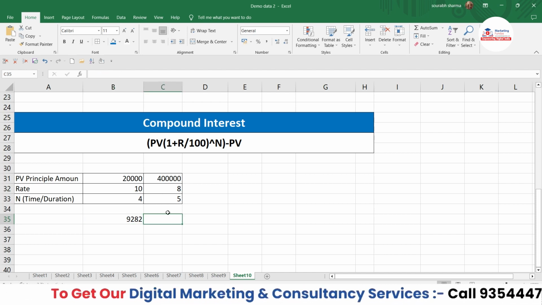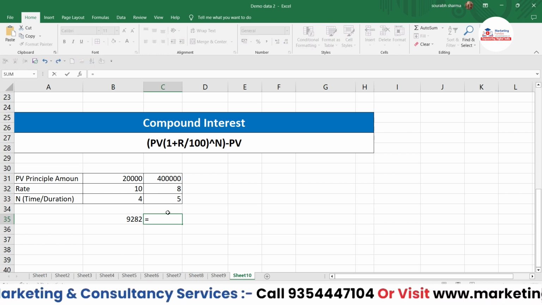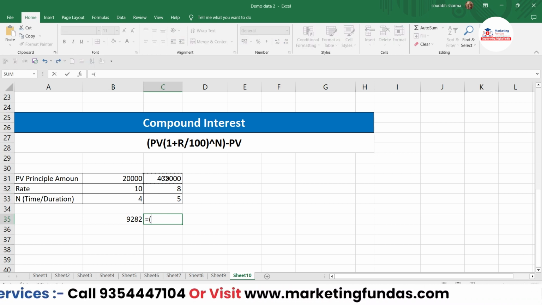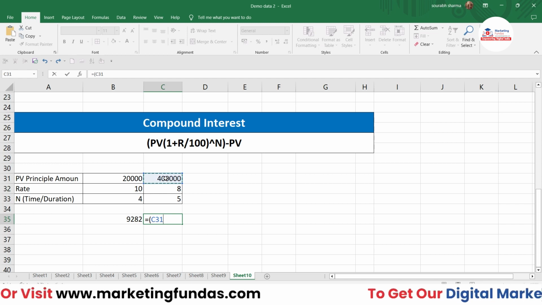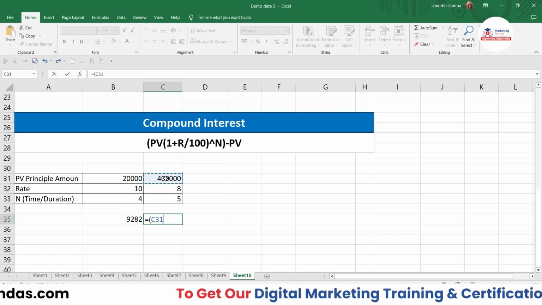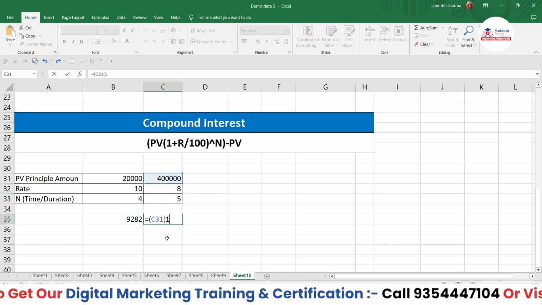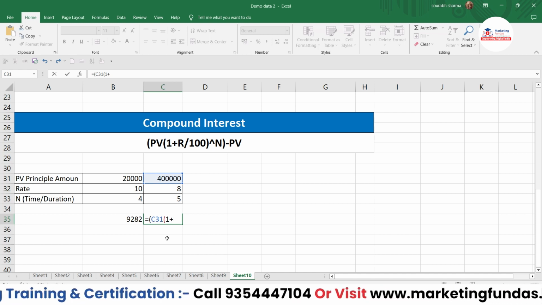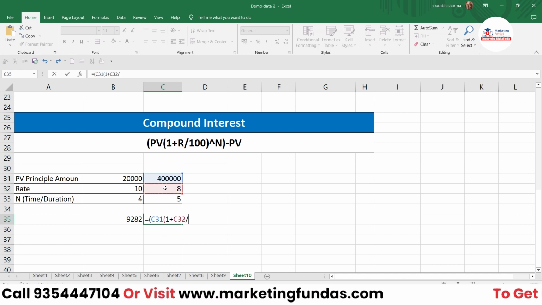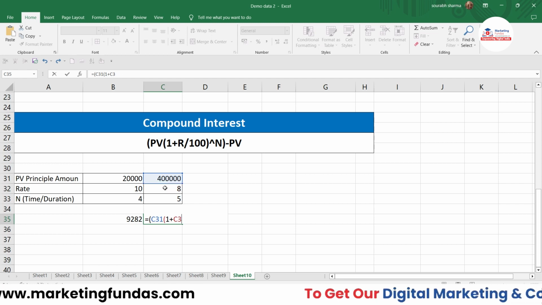Now let me show you once again. Is equals to bracket open, select the principal amount or principal value, then bracket open again, 1 plus rate of interest divided by 100. Otherwise you can do one more thing.